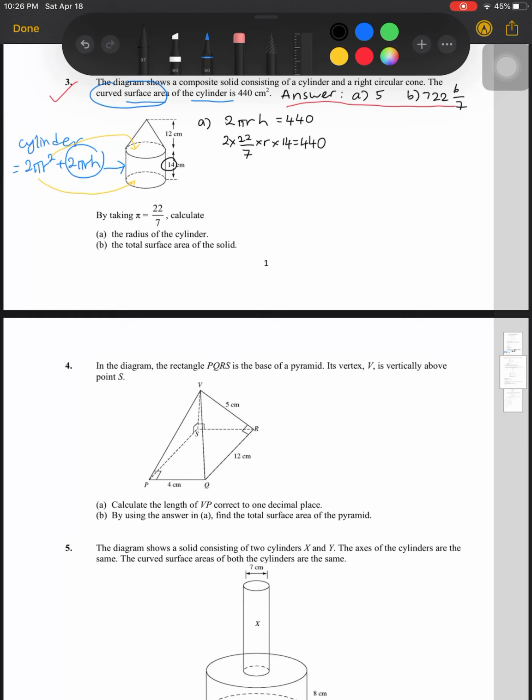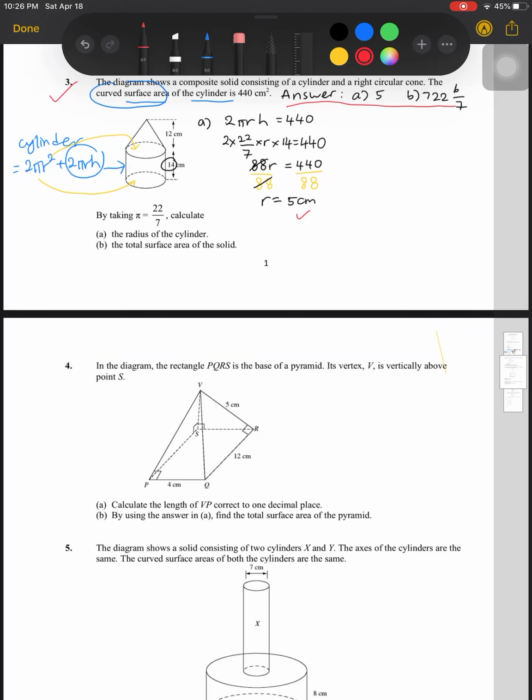If you calculate it with your calculator, you will get 88r equals 440. If we want to leave only r at the left hand side, we divide by 88, and the same goes with the right hand side. So we should have r equals 5. So there you go, that's solving question A.